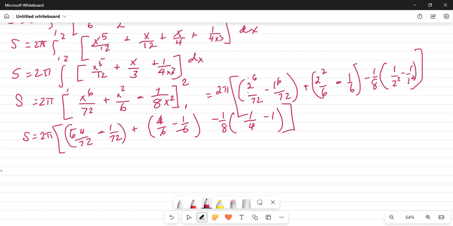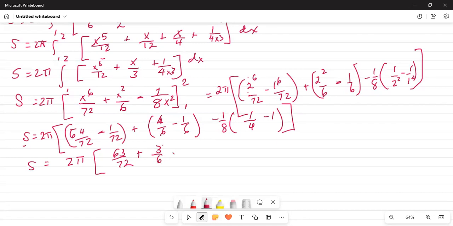Okay. So again, simplifying, S is equal to 2 pi, inside the parenthesis, the first term is 63 over 72, plus 4/6 minus 1/6. So 4 minus 1 is 3/6.